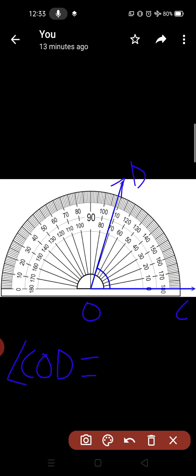Now start from 0: 0, 10, 20, 30, 40, 50, 60, 70, after it coincides with the second line, 70 after the second small line. So angle COD is equal to 72 degrees.